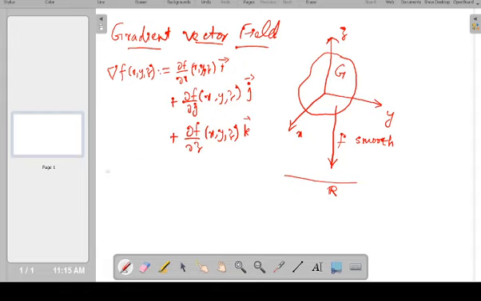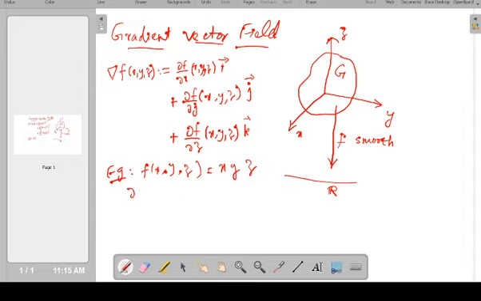For example, if f of x, y, z is equal to x into y into z, that's what it means, then del f is equal to, what is dou f by dou x?